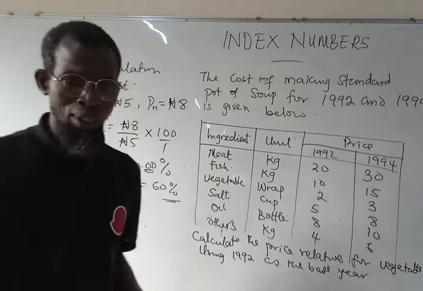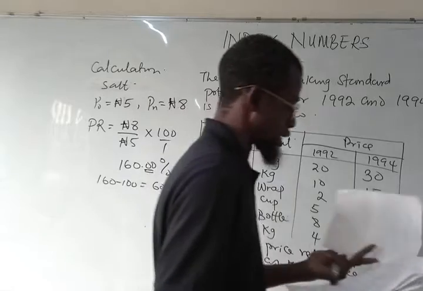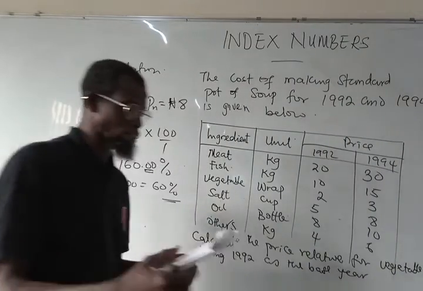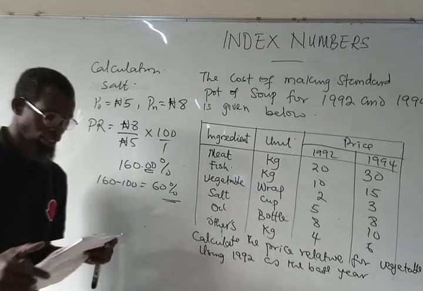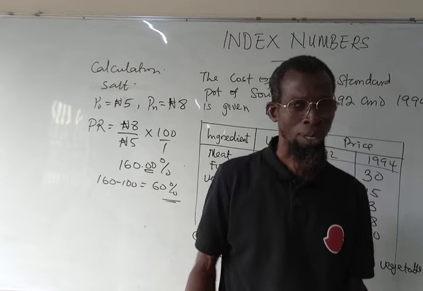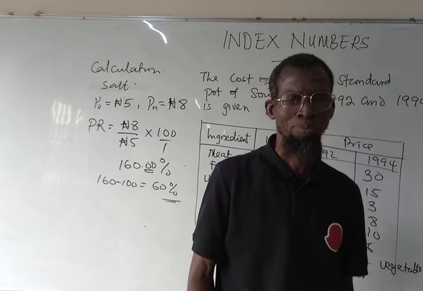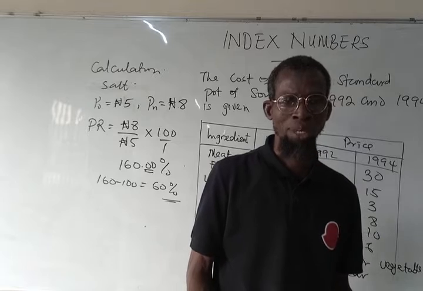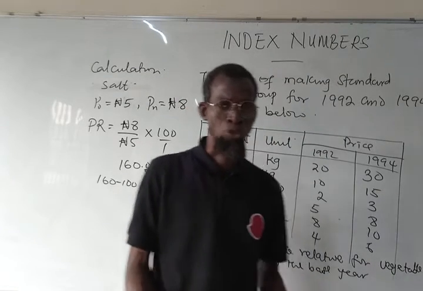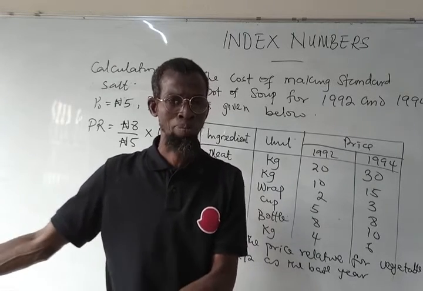I believe there shouldn't be any problem, because we have been made to make something very, very easy. For verbal interpretation, because I love verbal interpretation, you should be able to interpret the result of any mathematical solution to a layman, a person selling bread or selling puff-puff.